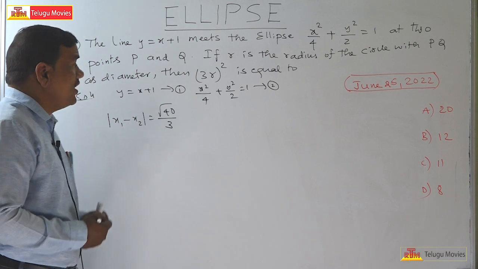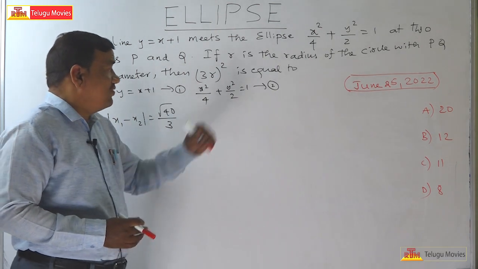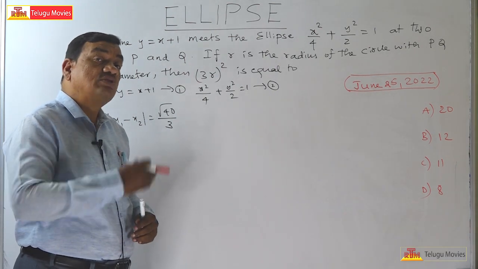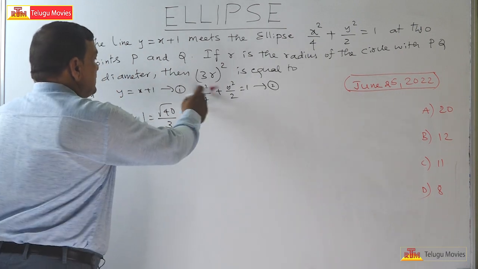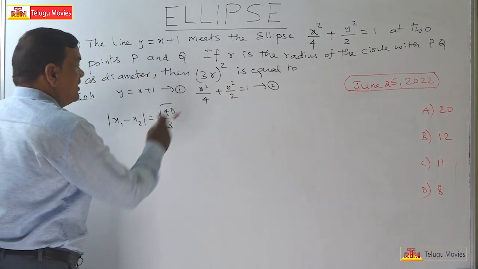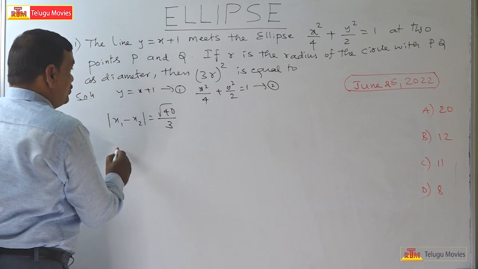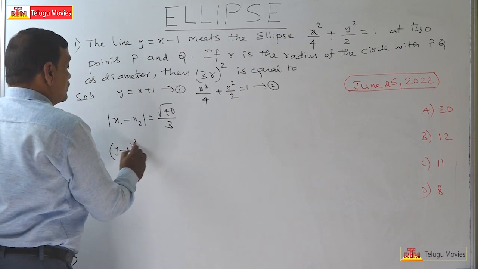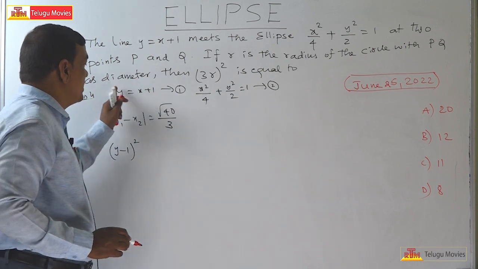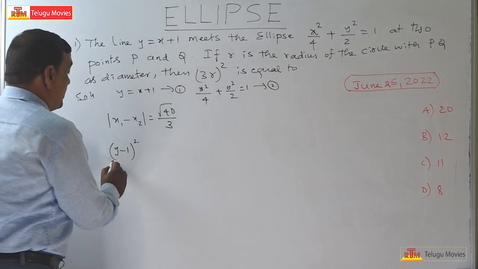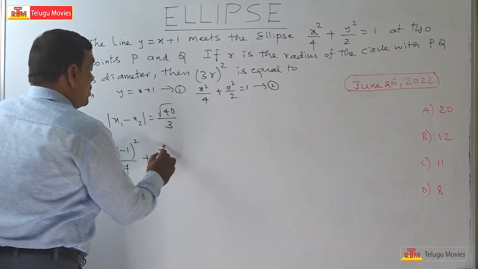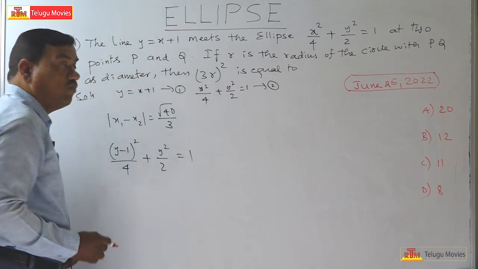Welcome back. So here what I am going to do is convert this equation in terms of y. In place of x, substitute y minus 1 whole square by 4 plus y square by 2 is equal to 1.